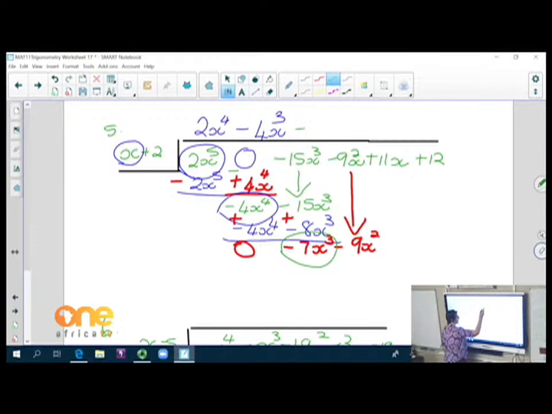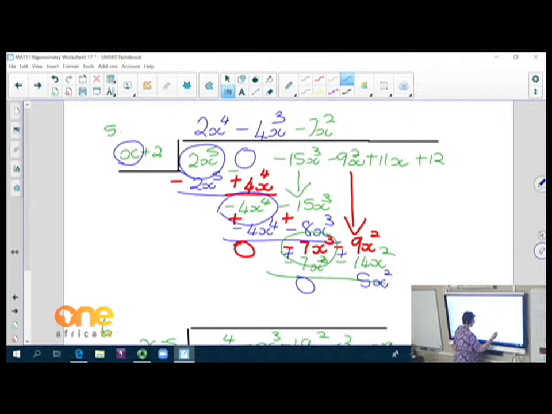It is then negative 7x squared, multiply, then you have negative 7x to the power of 3 minus 14x squared, change the second signs, plus 0. So negative 9 plus 14 is then 5x squared.